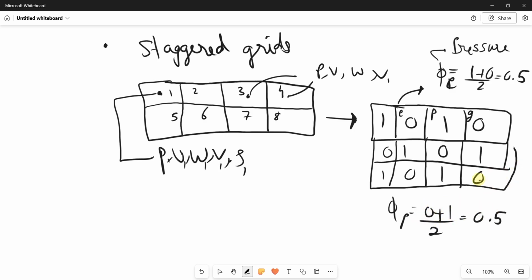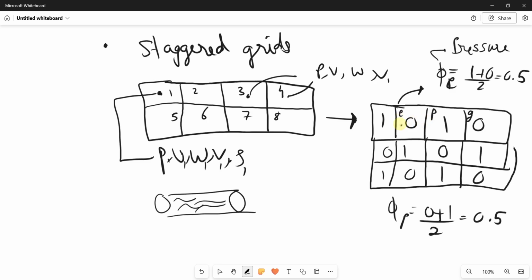Now you might ask, why are we not using the upwind concept? Well, you can, but suppose I'm taking a flow with velocity. If I use the upwind concept here, the pressure will be based on this cell, that is, it will be 1 itself. But if I reverse the flow and find the pressure at the same point, what will you get?